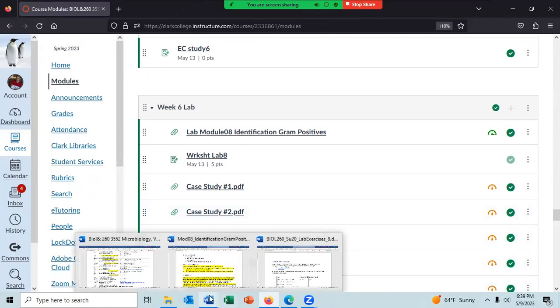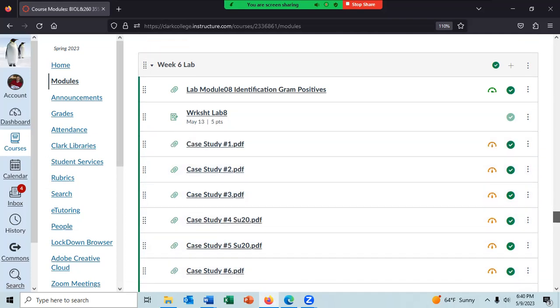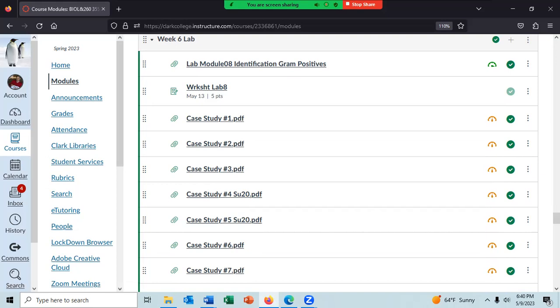Now, all right, Lab 8, the lab module is here. The worksheet is here, and then we have case studies, which you'll be working on. Each of them were given to me separately by the lead instructor. I'd like to put them all together on one link, but it has happened that he will make a change, like on case study 5, and not the others.